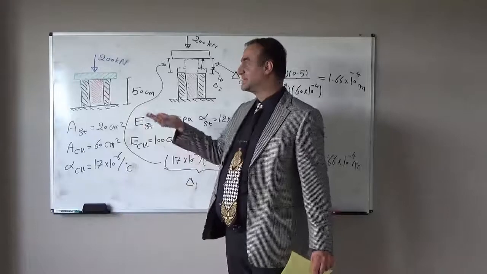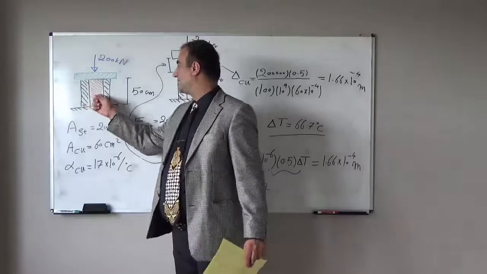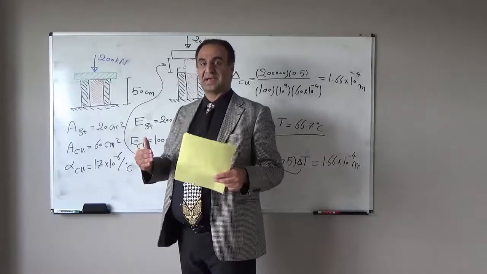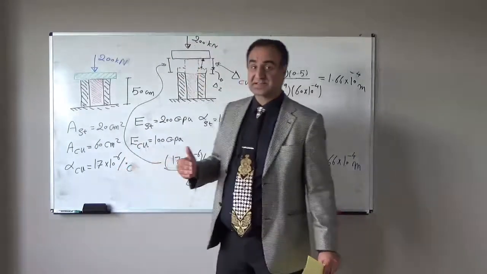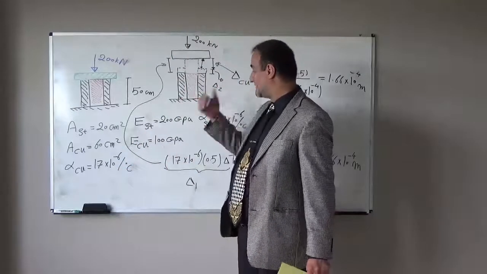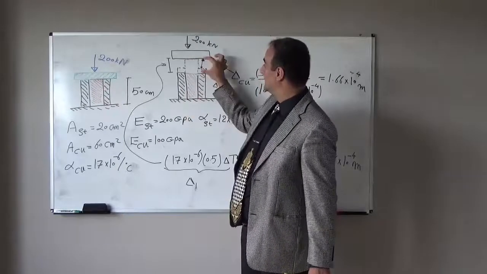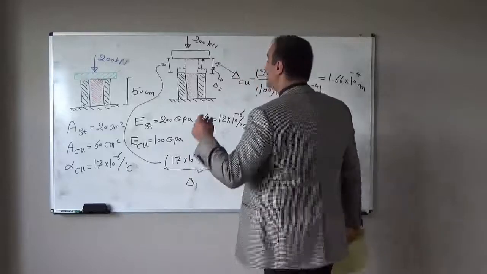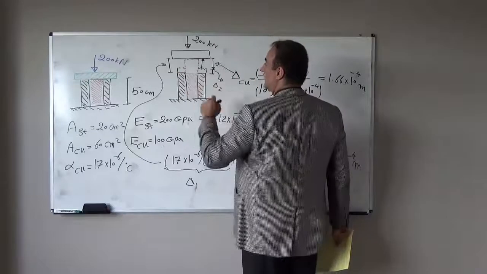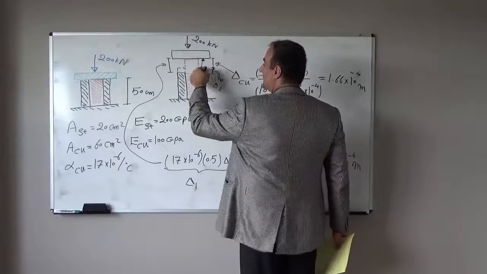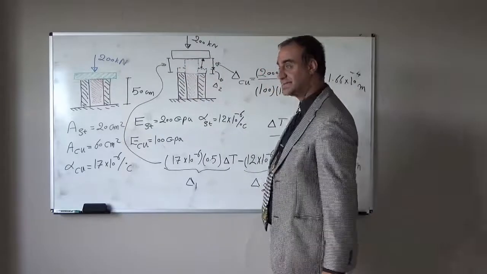If we increase the temperature, both this copper and steel will deform. We will have expansion, and because the thermal expansion of copper is bigger than steel, the copper part will deform more than the steel part.